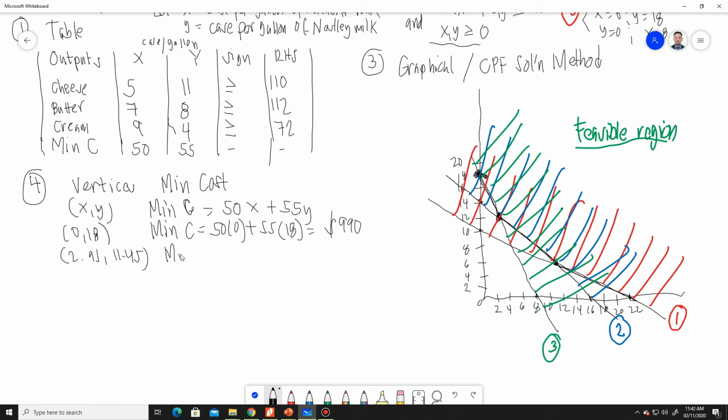So substitute it to the objective function. We get 775.25.